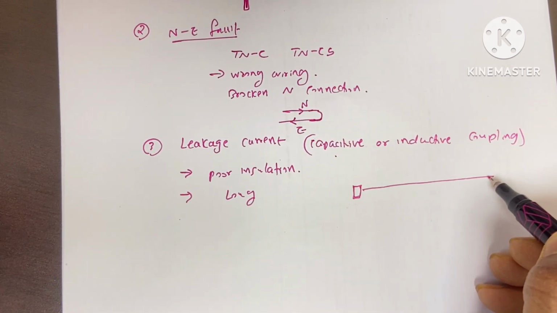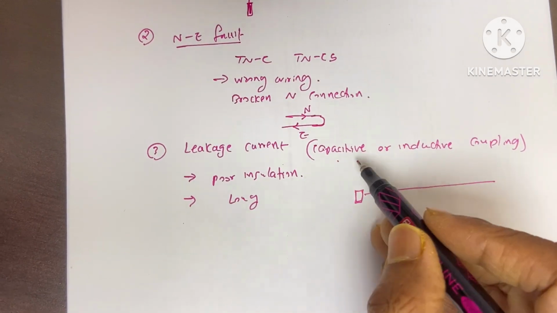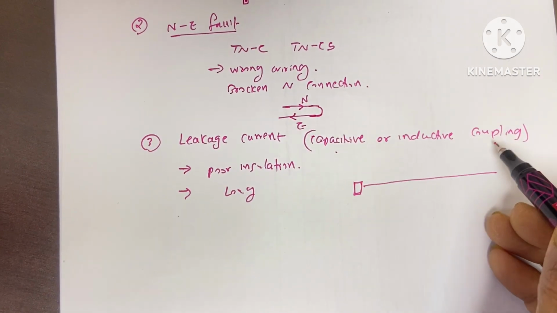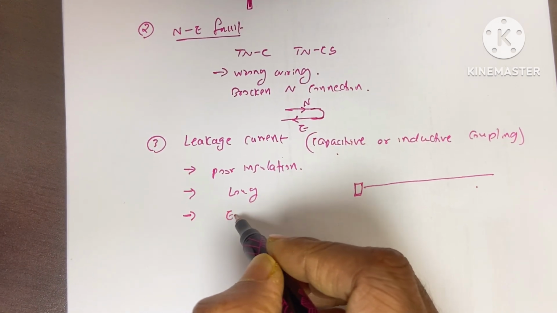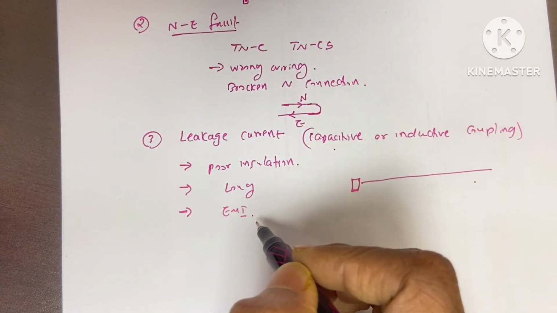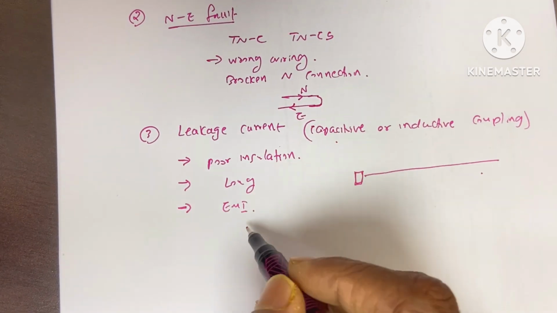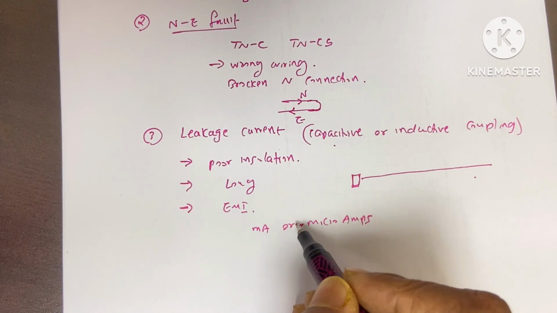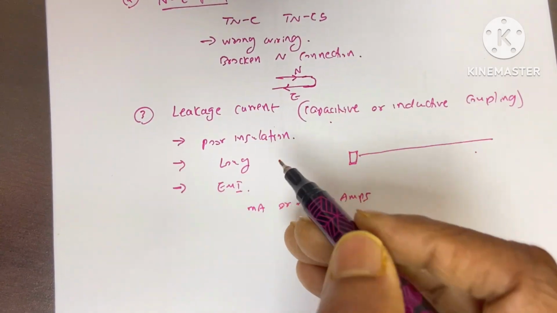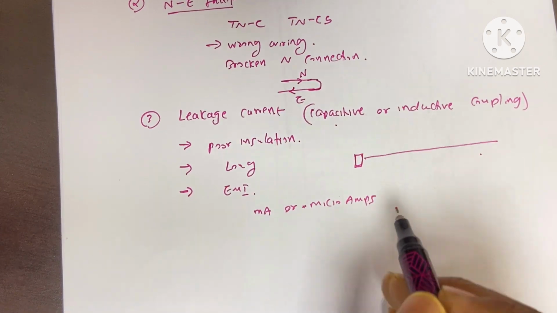During the journey of this cable, the capacitive or inductive coupling takes place. Another reason would be EMI, electromagnetic interference. But the thing is, you would only see milliamperes or microamperes on your system due to this problem. It is very small, but even though it should be rectified.